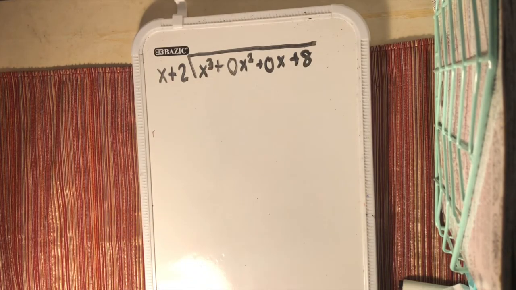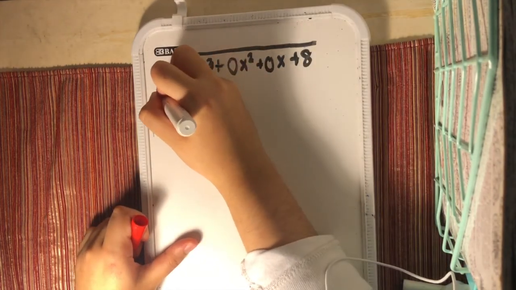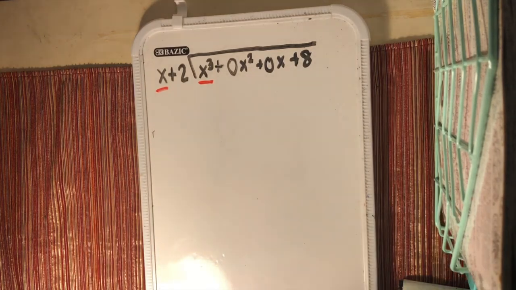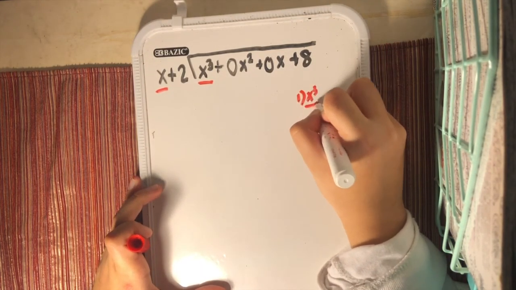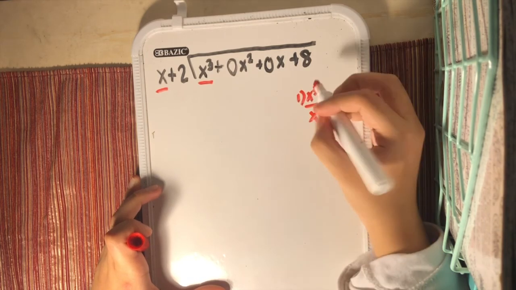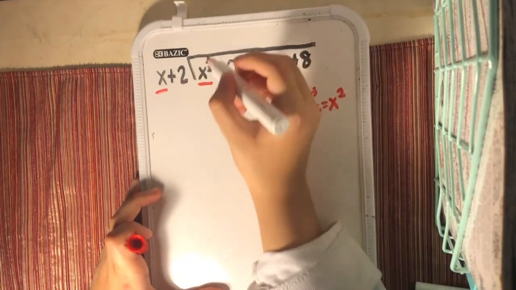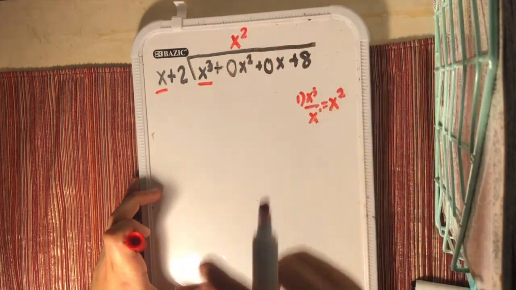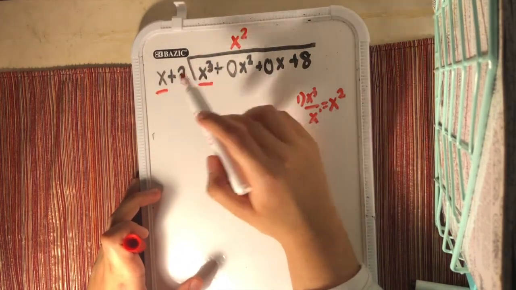So now we're going to go ahead with our process just like we did last time, and where we divide this first term into the first term of this equation. So I'm going to write x cubed over x. 3 minus 1 is 2, so I'm going to get x squared, and I'm going to write that above the second term to line up the exponents, and I'm going to go ahead and distribute these two terms over here in my divisor.